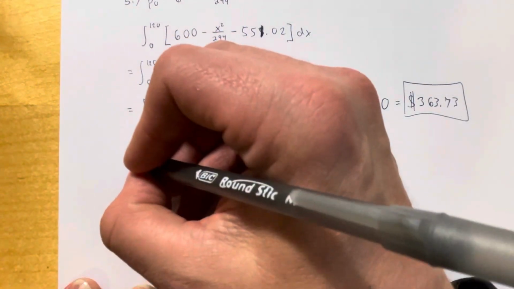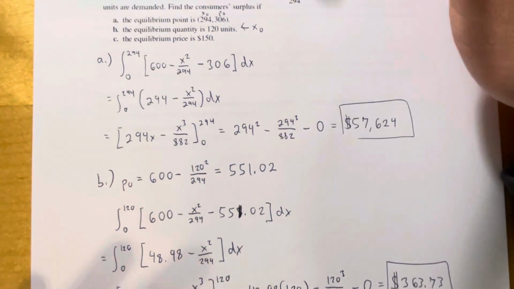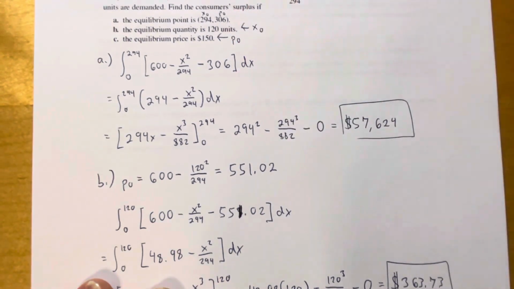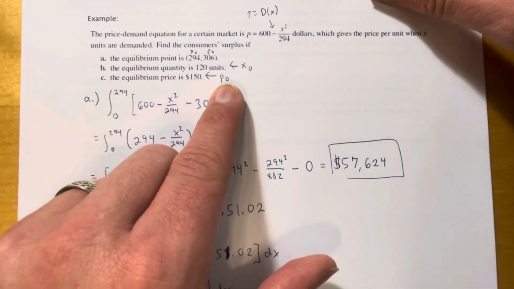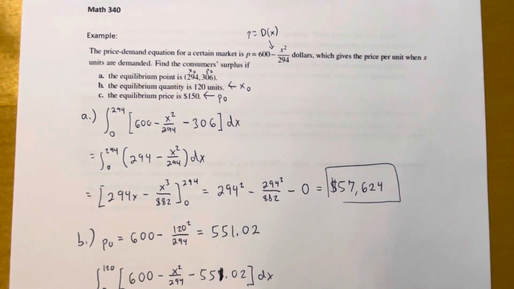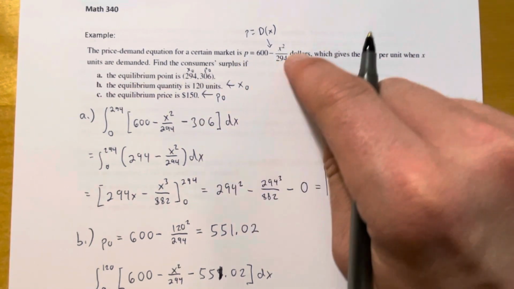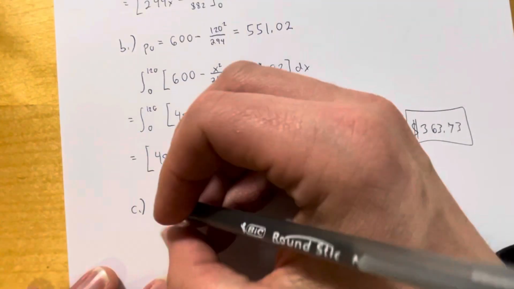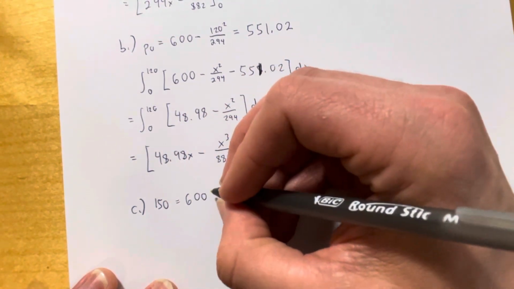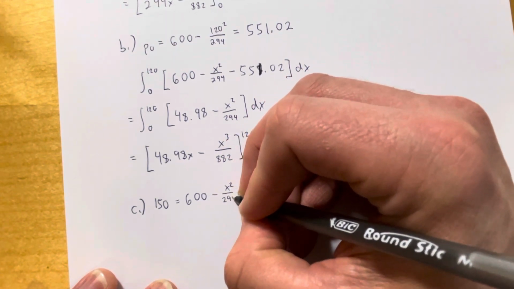Let's do one more part, C. This one, we're given the other information. We're told equilibrium price. We are not told equilibrium quantity. So again, if I know P naught, I have to use it to find X naught. Okay, so I'm going to set this P equal to 150 and then solve the resulting equation for X. That's going to look like 150 equals 600 minus x squared over 294.